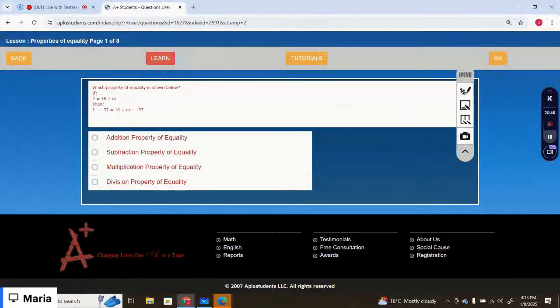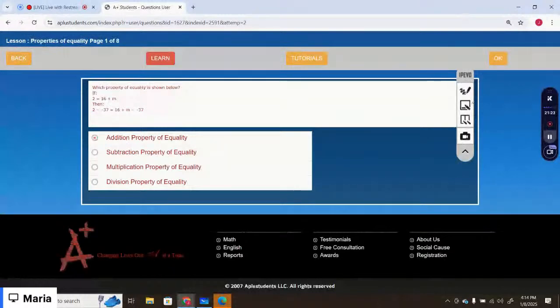Which property of equality is shown below? If z equals 16 plus m, then z minus 37 equals 16 plus m minus 37. So which is the correct option? You simply replace that z with a value.